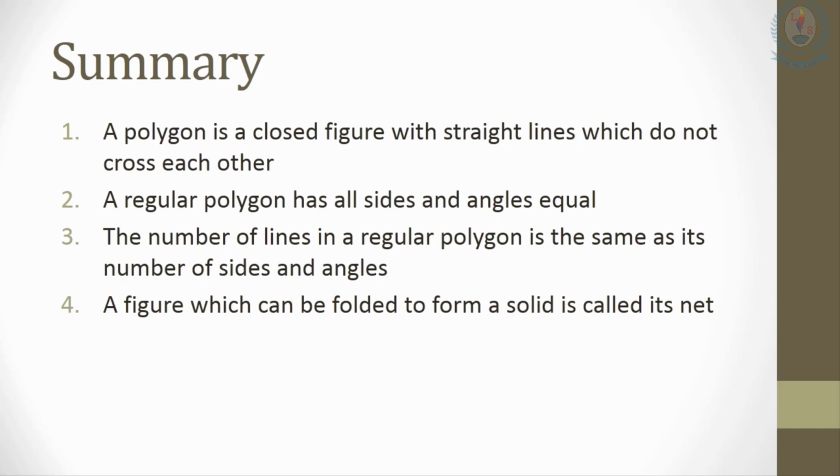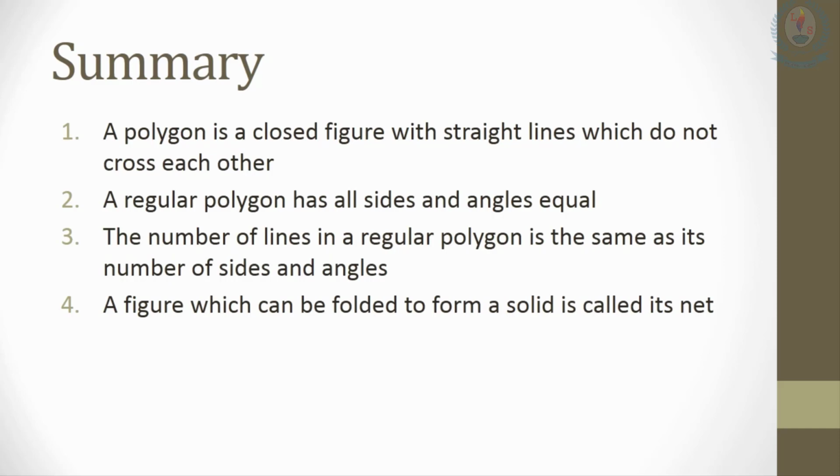We have talked more about polygons, regular and irregular polygons, the symmetry of polygons, and the nets of solids. So, now let's see the summary of what you have learned from this lesson. You have learned that a polygon is a closed figure with straight lines which do not cross each other.